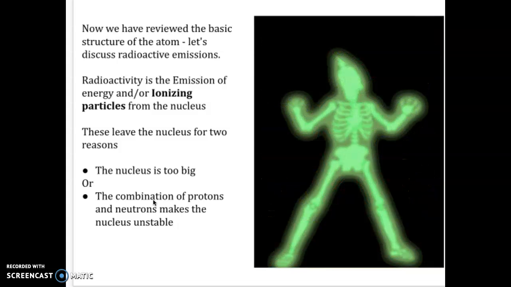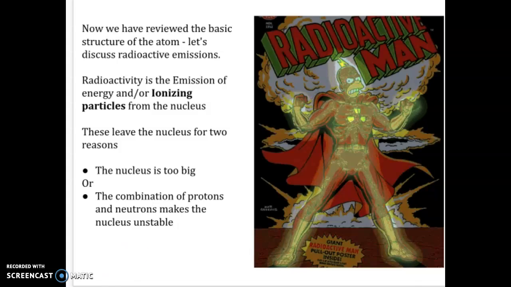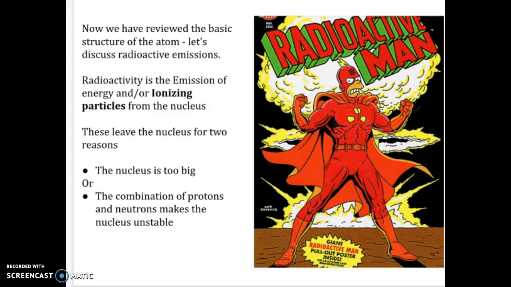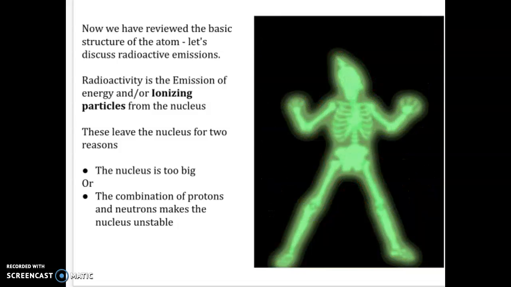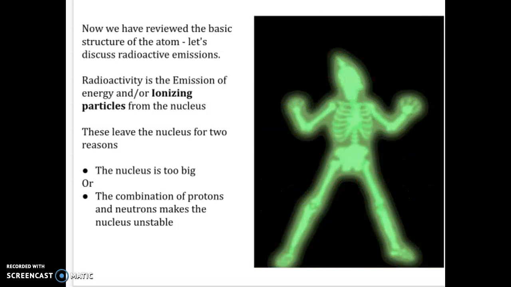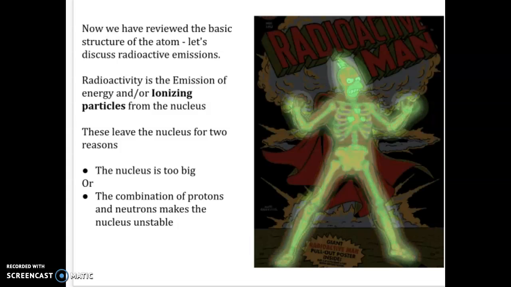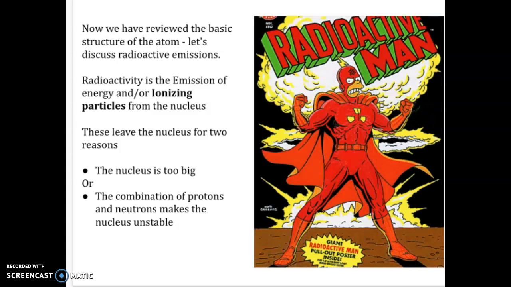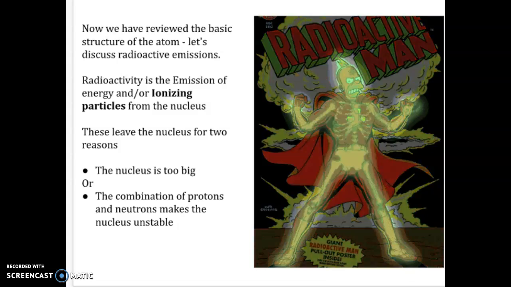There are certain combinations which are very unstable. So this should make you think of isotopes. This is an appropriate time to talk about isotopes because isotopes of some elements are radioactive, that means unstable, and some isotopes are not. And it's because of that proton and neutron combination.